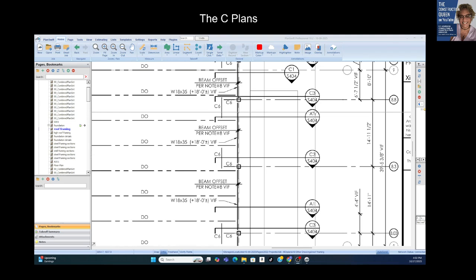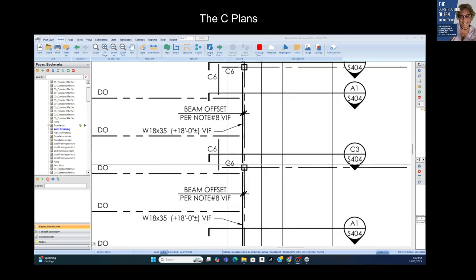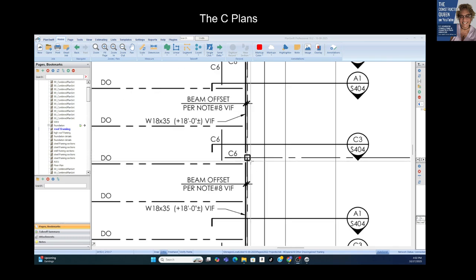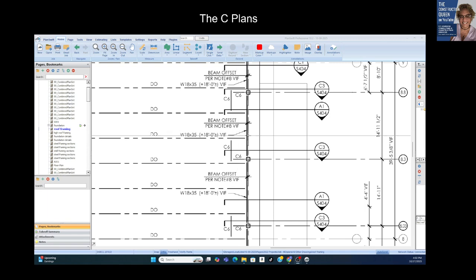So we know that this is column 6. We don't see that column pad because I'm sure column 6 is sitting in a column pad that we just saw on the foundation. But why don't we see it here? Because this is not the foundation plan. This is all about the framing and the headers and all that stuff.